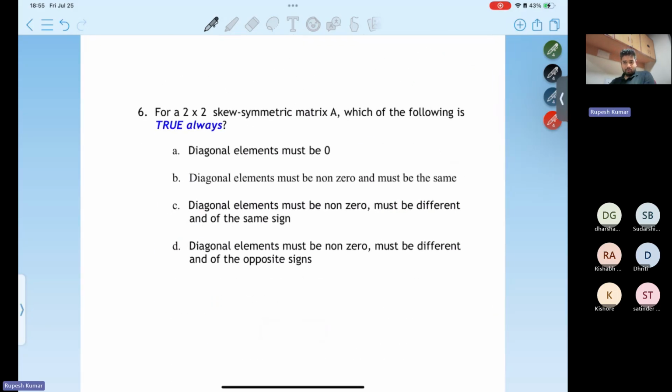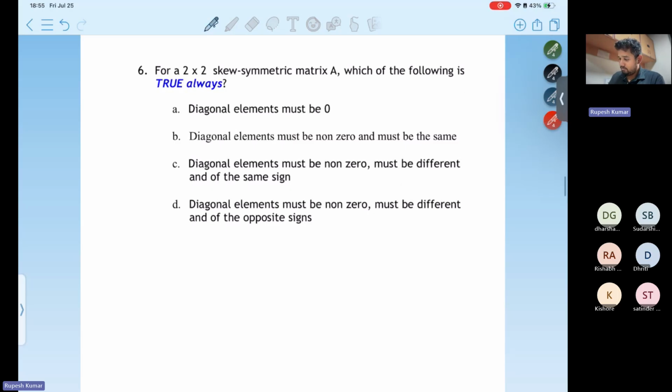For a 2 by 2 skew symmetric matrix A, which of the following is always true? So let's start with the definition of skew symmetric matrices.